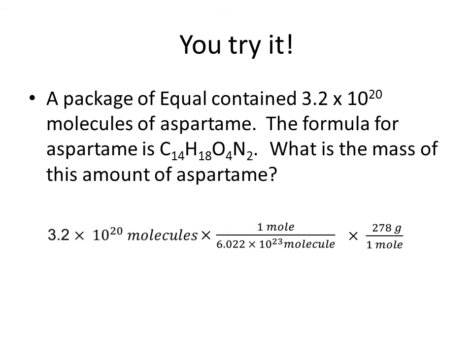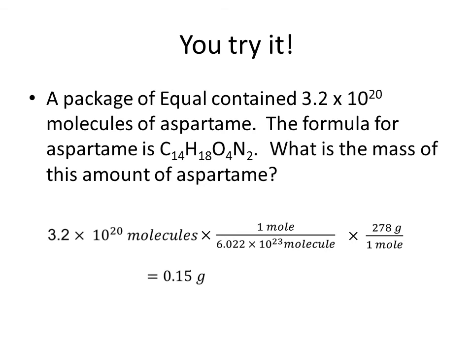That's how many grams are in 1 mole of that molecule. And remember that 6.022 times 10 to the 23 is only written with molecules or with atoms. Never write it with gram, never write it with mole. I do this math and I come up with 0.15 gram.